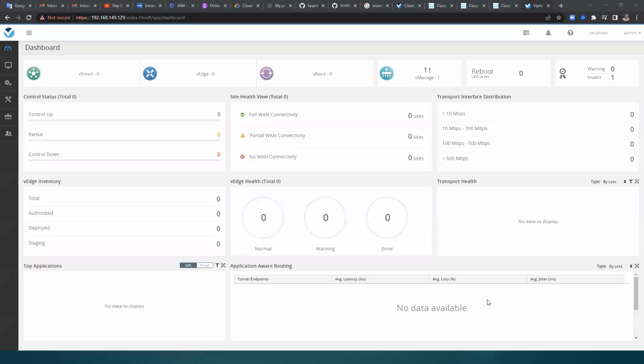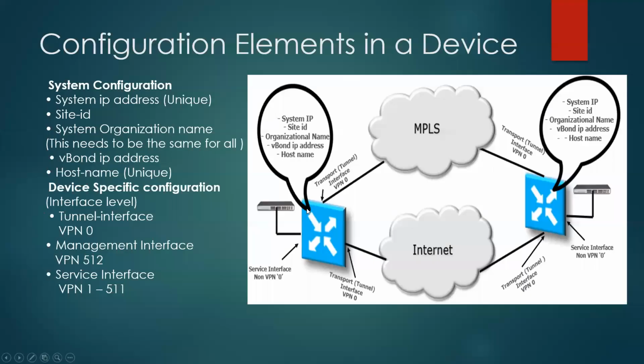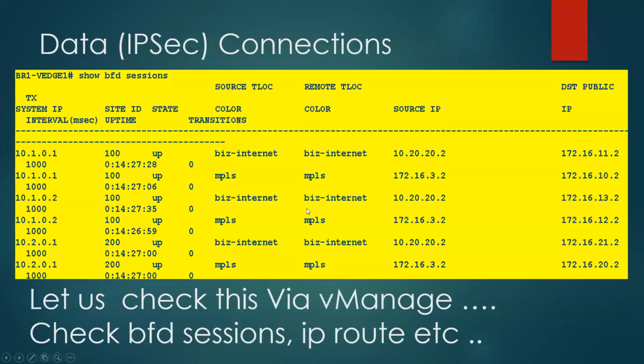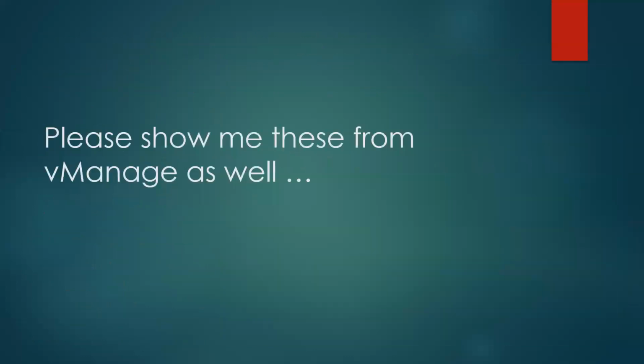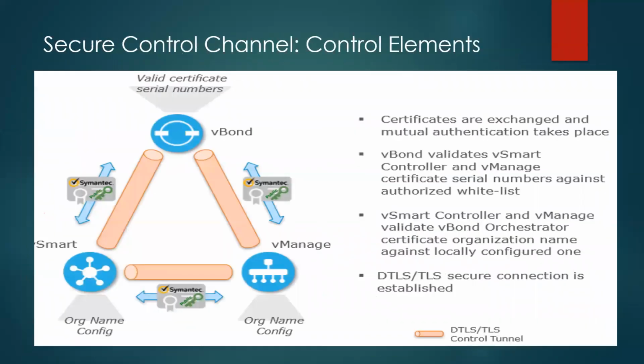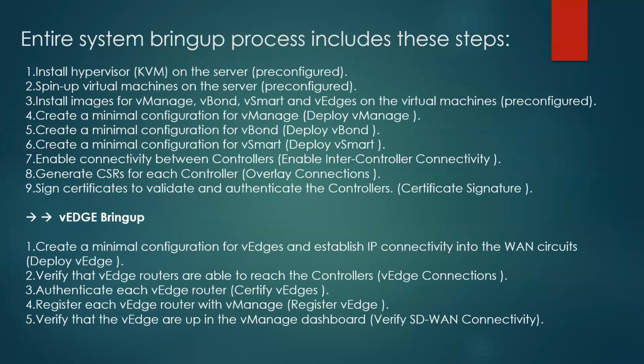Resuming the recording. What we have discussed so far is that when you try to deploy these controllers over any compute, you have to follow certain steps. We have our VMware Workstation, and inside it we imported that image.